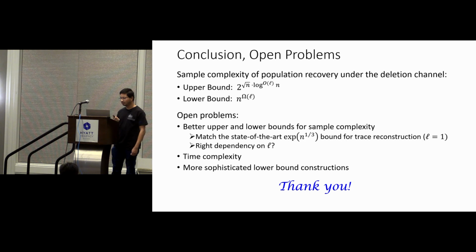And better lower bound constructions. Our lower bound constructions are very simple strings with just one 1 in the middle. We don't know of families of strings which are hard for this channel. Thanks.